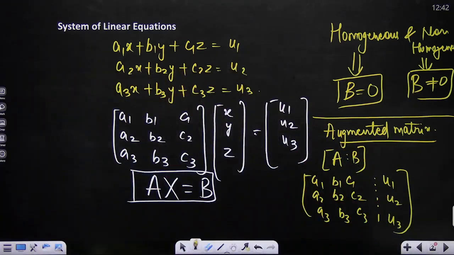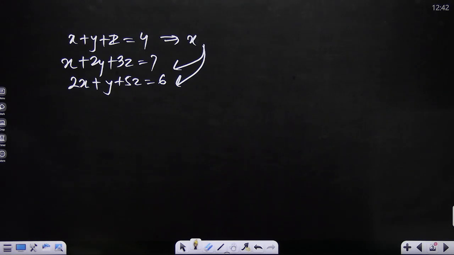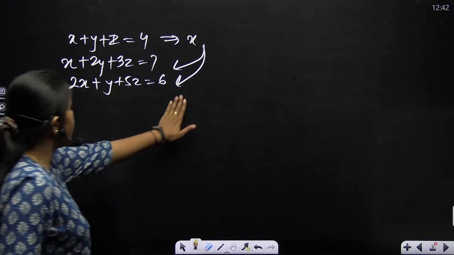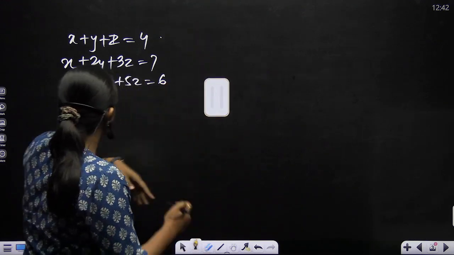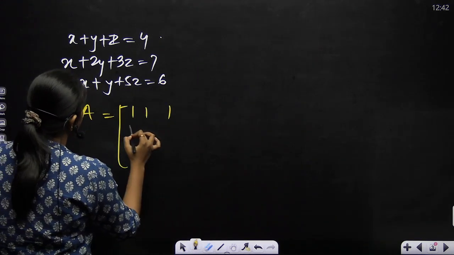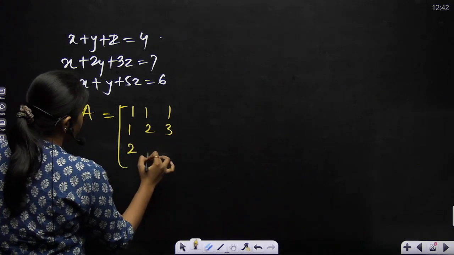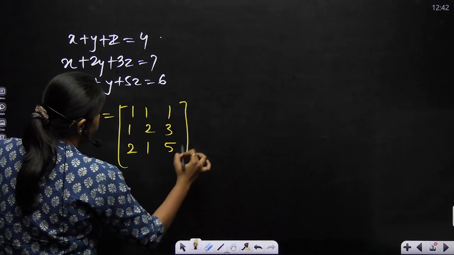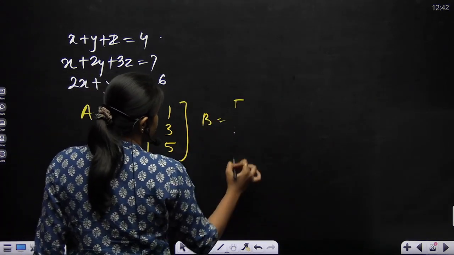Let's see to that. Now, if I have this system of linear equations, I can write it here in matrix form. Here A would be 1, 1, 1, 1, 2, 3, 2, 1, 5, and B would be 4, 7, 6.